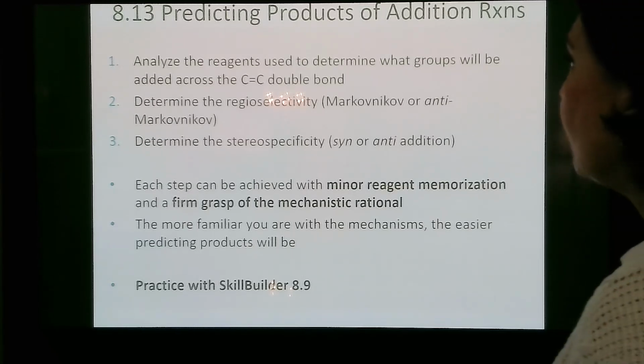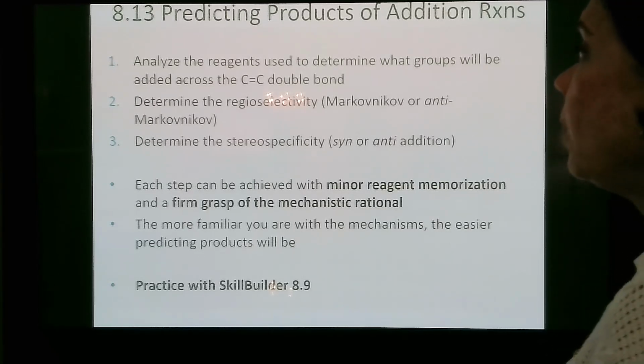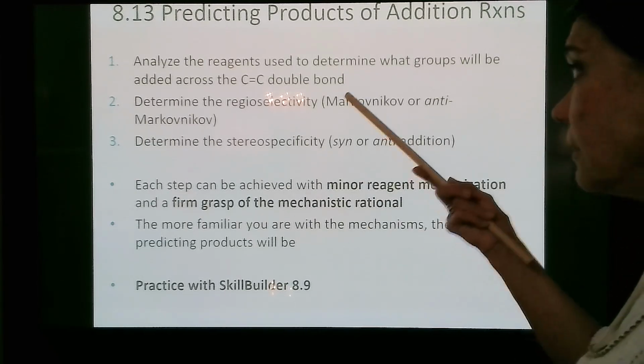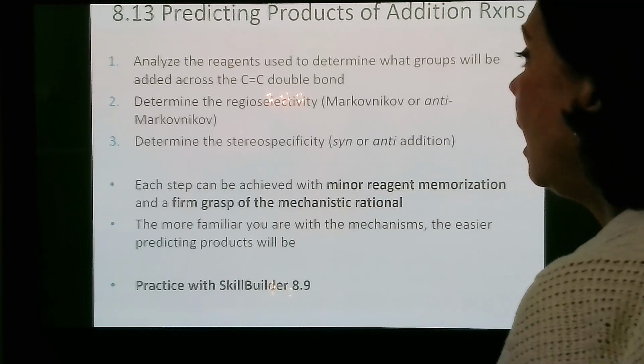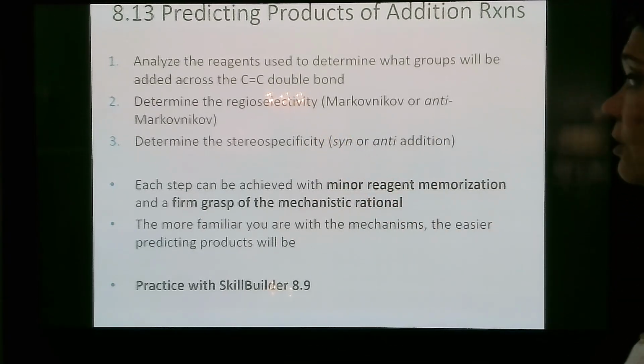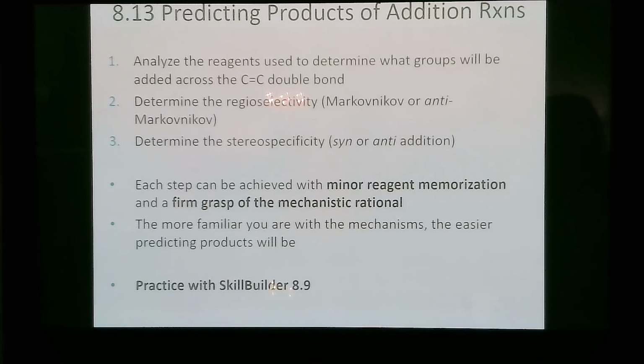Predicting the products of addition reactions. So here we are. You've got a lot of addition reactions. You have to analyze the reagents so that you'll know what it is that's going to be added across the double bond. You have to determine whether you're going to have Markovnikov or anti-Markovnikov addition. You have to determine whether you're going to have syn or anti. All of those different things to memorize.